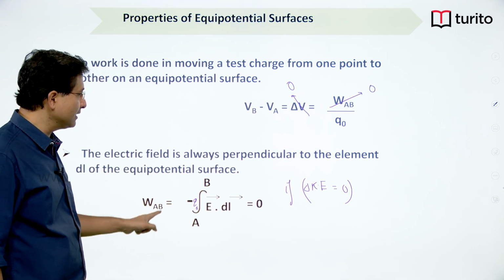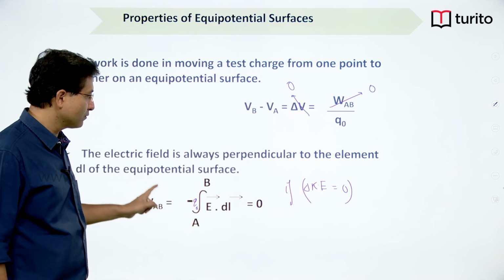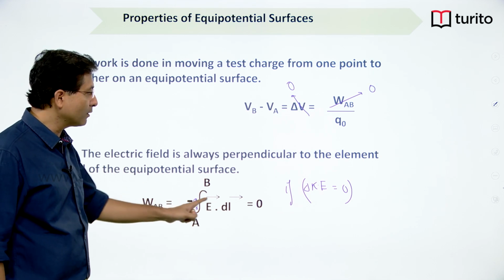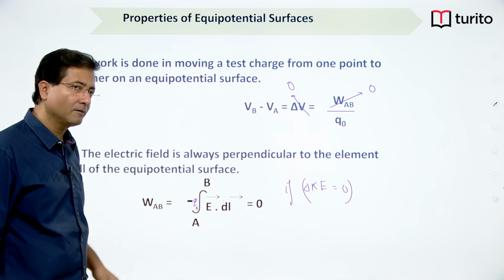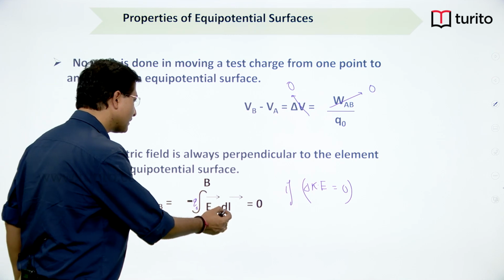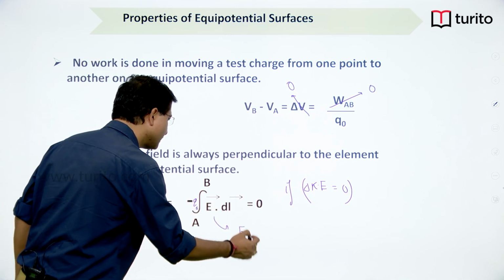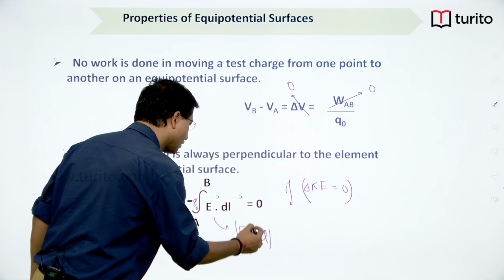As this quantity is 0, that means for this quantity to be 0, our movement must be perpendicular to the field, right. That means for this dl vector, if this quantity is 0, this is nothing but mod E mod dl cos theta.